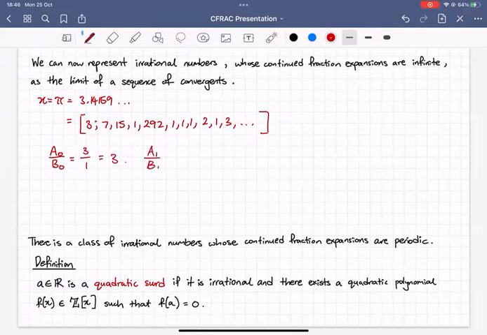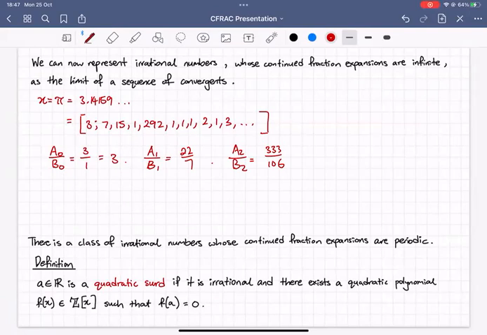A1 over B1 is the famous 22 over 7. A2 over B2, and if you were to compute the decimals of these fractions, you will see that they oscillate around pi.